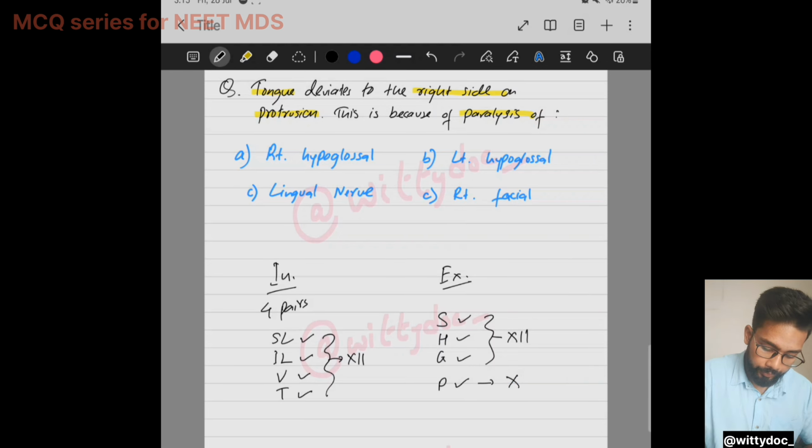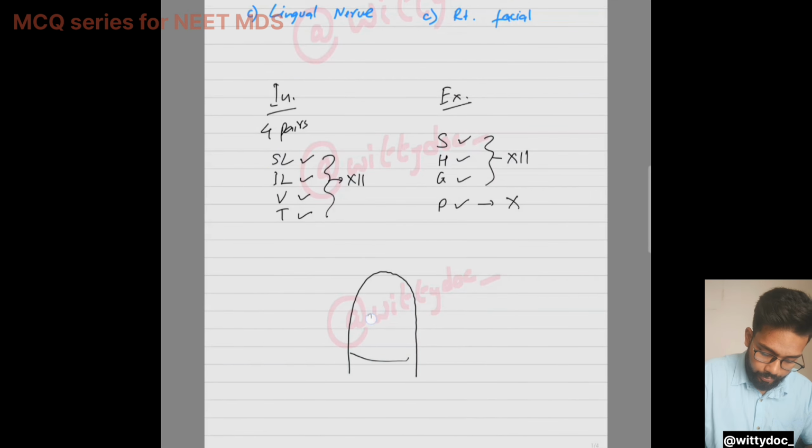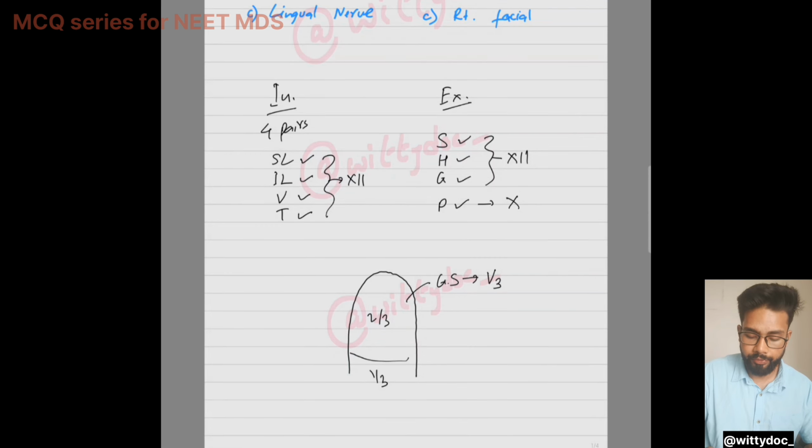Again, let's look at the tongue. This is the anterior 2/3 of the tongue, and this is the posterior 1/3 of the tongue. In the anterior 2/3 of the tongue, the general sensations are supplied by V3, the mandibular division of the trigeminal nerve. Which part of the mandibular nerve? The lingual nerve.